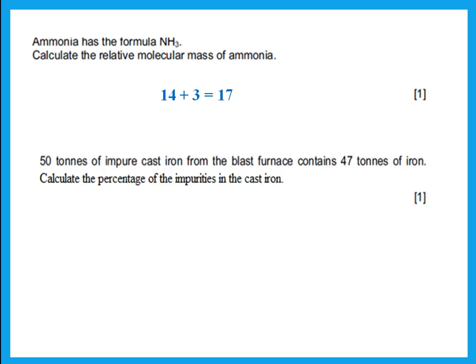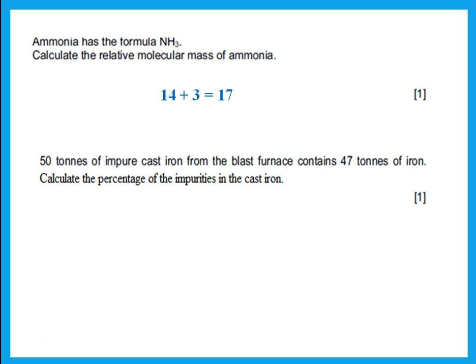Now, this kind of question, he's saying 50 tons of impure cast iron from the blast furnace. Let's keep the blast furnace aside for now. This is a method of extracting iron. Whether you've done the chapter or not yet, it doesn't make a difference with this question. If I have 50 tons of impure cast iron, it contains 47 tons of pure iron.